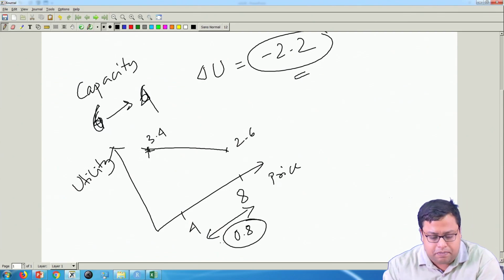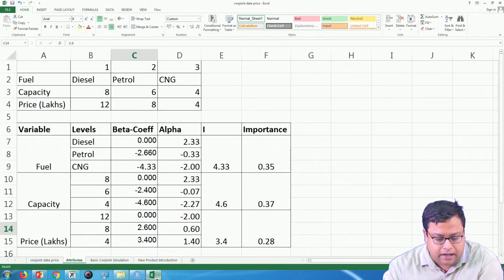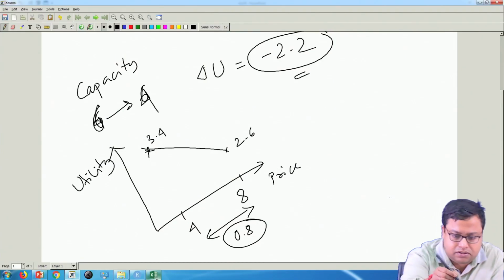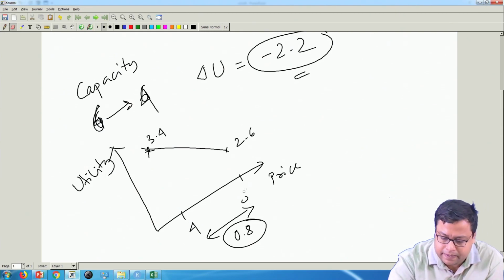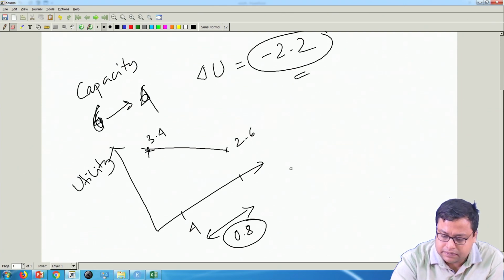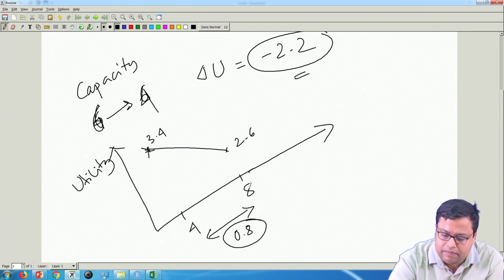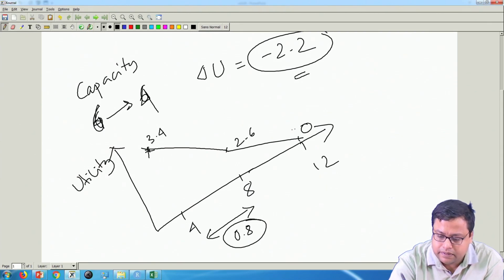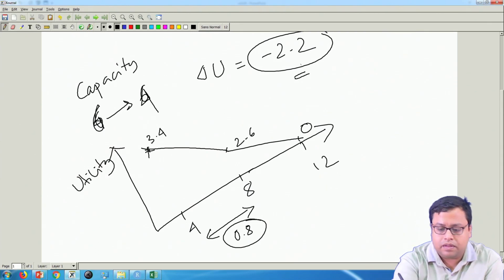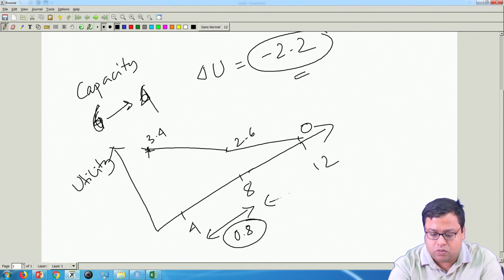So, this is probably not a good example, but let us say your price was 12 lakhs initially. I will just change it quickly. So, at 12 lakhs you were at 0, fair enough. Now, you have to manage for minus 2.2.